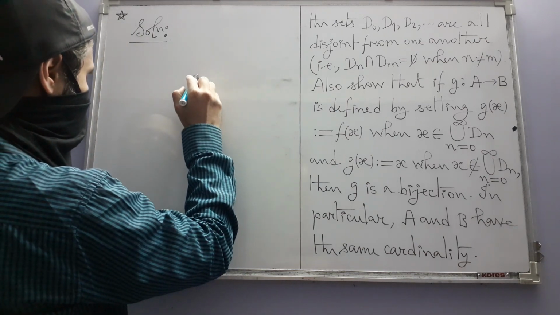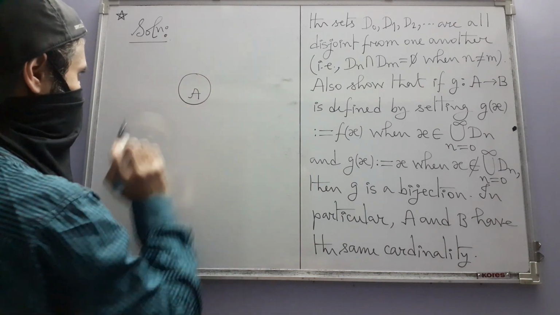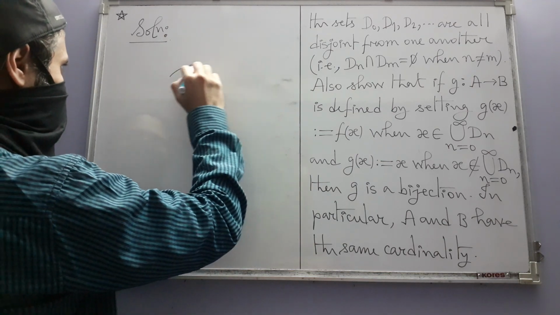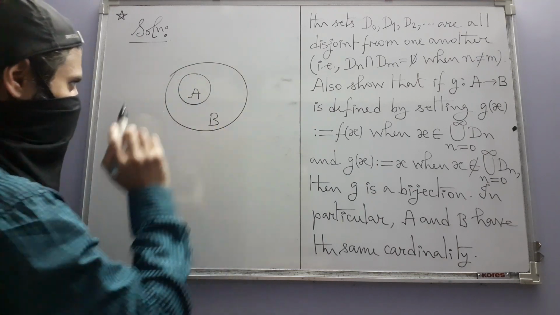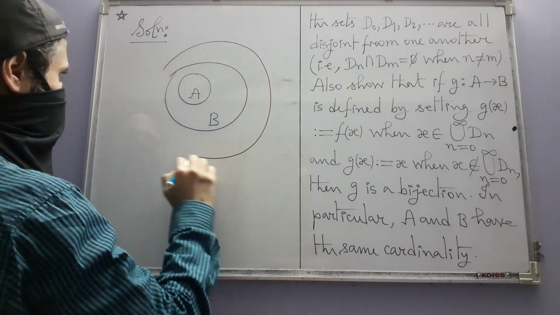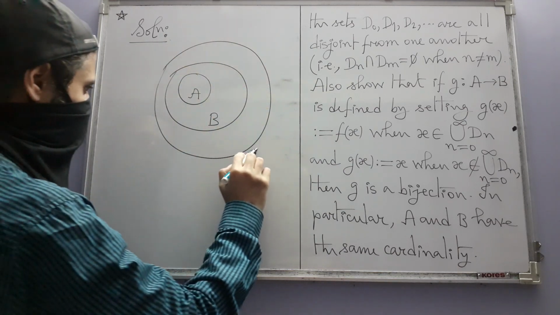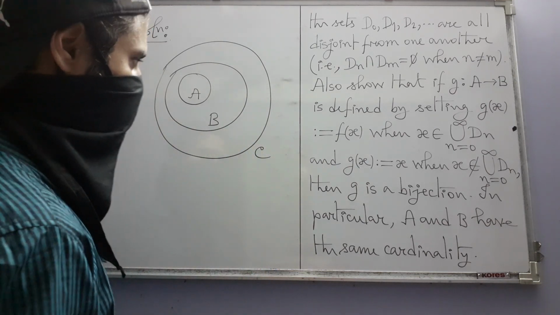So the situation is like this. We have A here, and we have B here, which contains A, and we have C here, which contains both B and A.